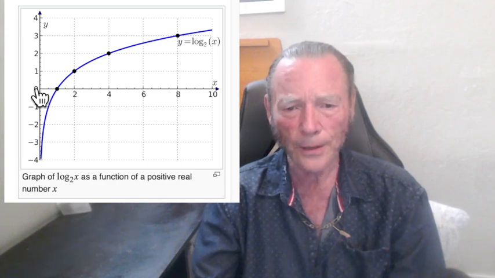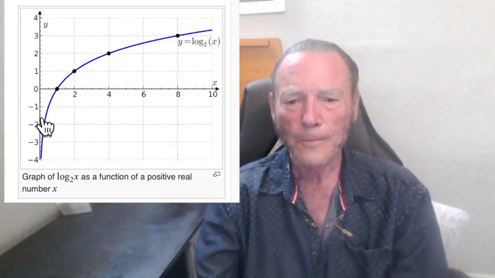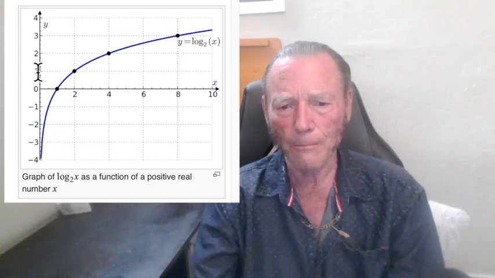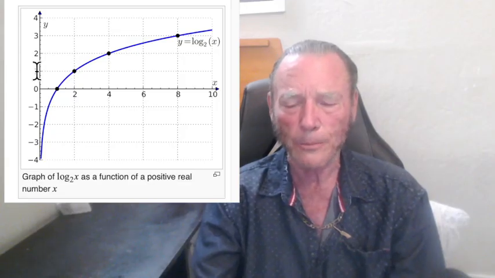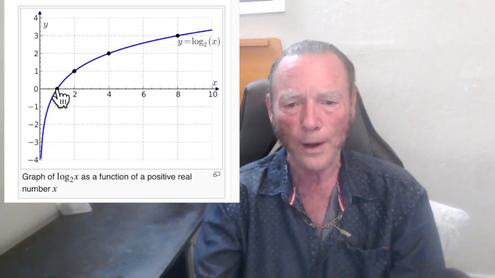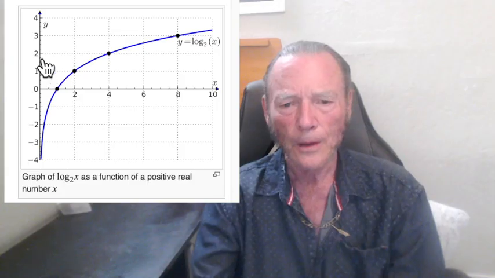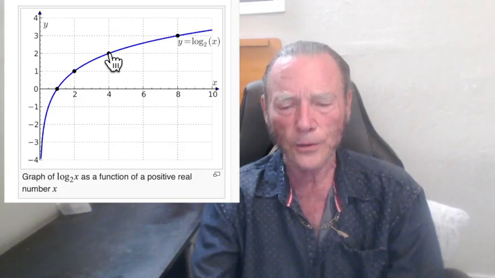So 0 is at the center, and here are the integers, 1, 2, 3, 4. These are the numbers that produce binary numbers by exponentiation of 2. So 2 to the 0th is 1. 2 to the first is 2. 2 to the second is 4, and so on.